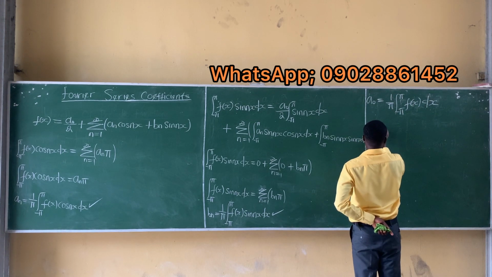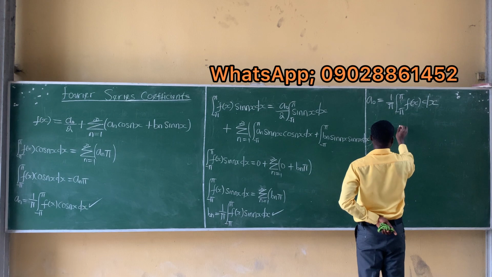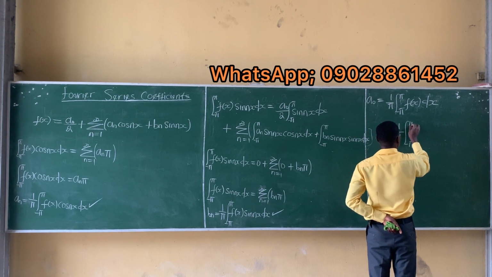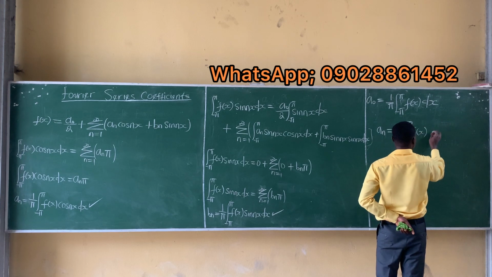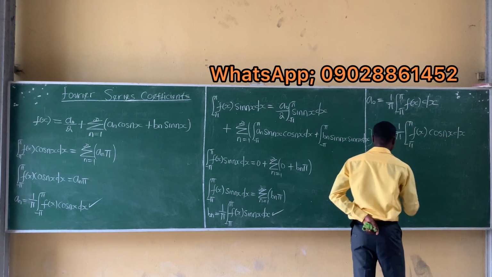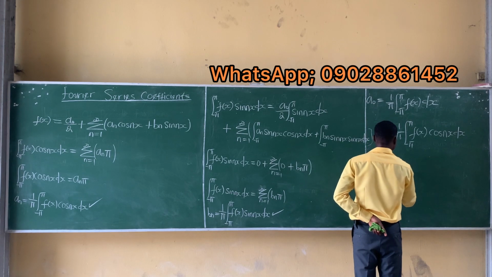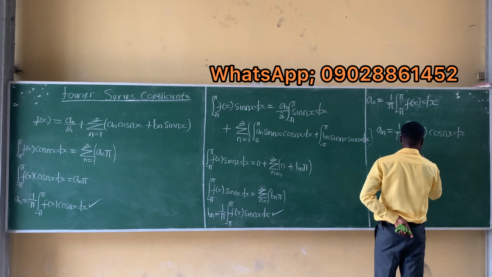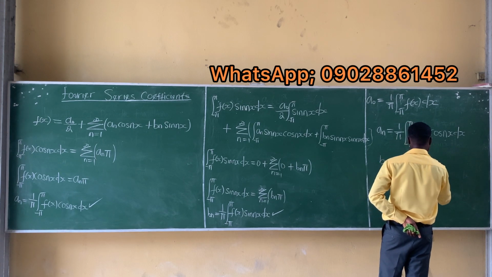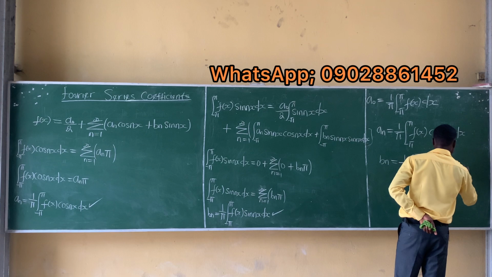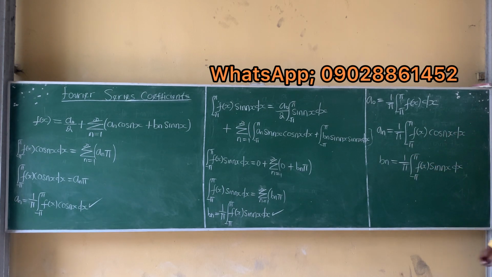And the second one we have is a sub n, and this is equal to 1 over pi, the integral from minus pi to pi of f of x cos nx dx. And the third one is b sub n equal to 1 over pi, the integral from minus pi to pi of f of x sine nx dx. So these are the three Fourier series coefficients.